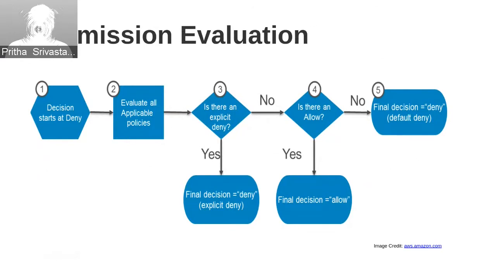If there is no deny, then we check if any of the policies explicitly allow the incoming S3 request. And if there is an allow, then an allow is sent back to the end user. If none of the policies specify an explicit deny or an explicit allow, then the default return value of a deny is sent back to the end user.